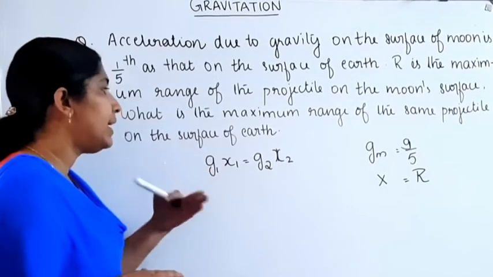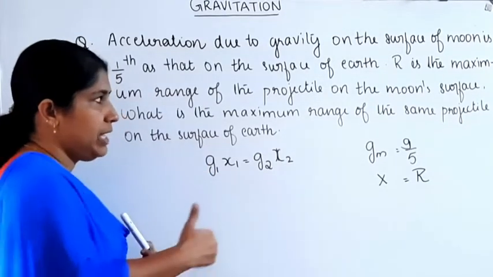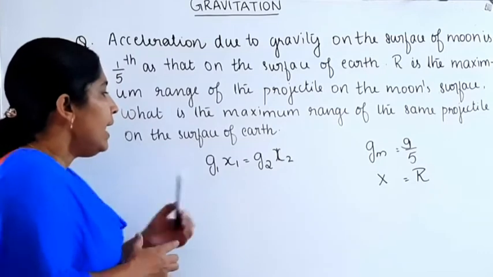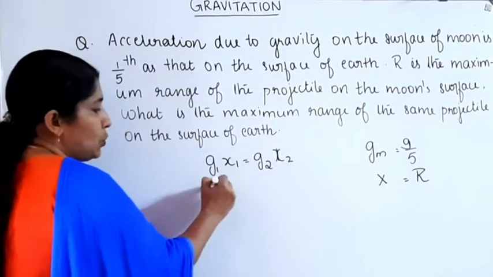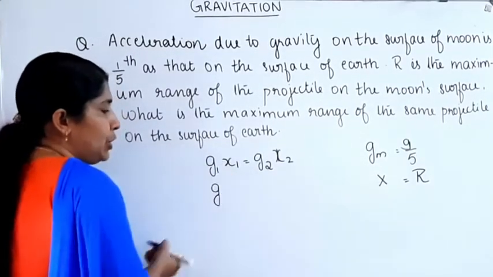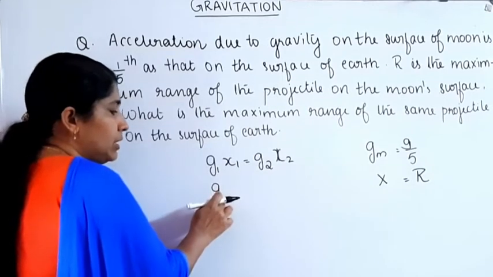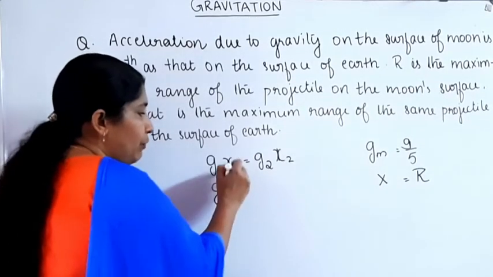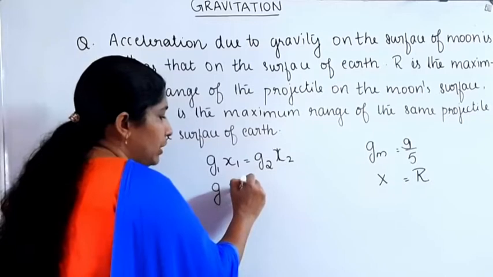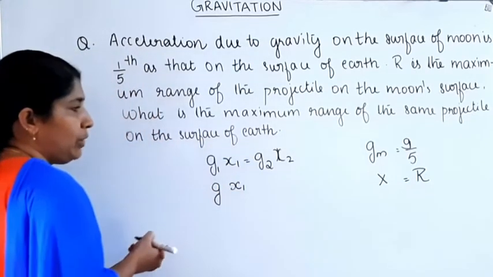This is the relation connecting acceleration due to gravity and the range. Then g earth is equal to g, and we want to find out x1, the range on the surface of the earth.